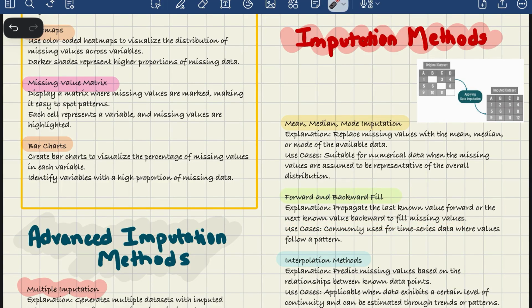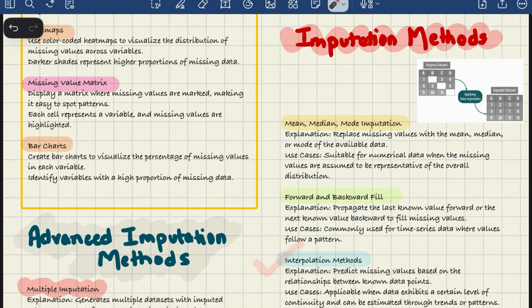So we are just looking at the value above or the value below, and it is copied forward or backward. These methods are useful when neighboring observations are expected to be similar, especially in time series data, right? They are not appropriate when values change rapidly or unpredictably.